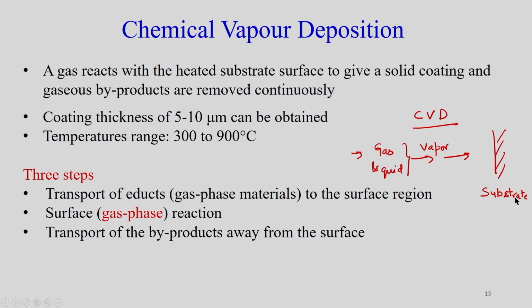Typically the gas reacts with the heated substrate and it results in a solid coating, and during this process the gaseous byproducts are removed continuously. Here the coating thickness can vary between 5 to 10 micrometers.